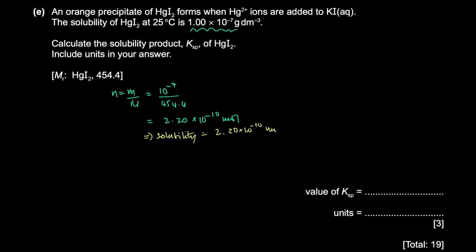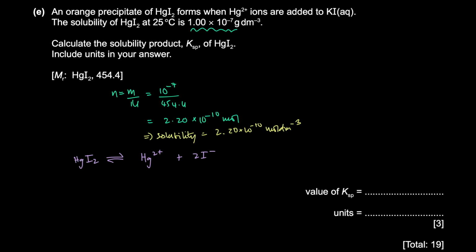Now we have to figure out the solubility product of HgI2. So let's write down the equilibrium over here. We have HgI2 dissolving to form Hg2+ and 2 iodide minus. We had a certain amount of mercury 2 iodide to begin with.